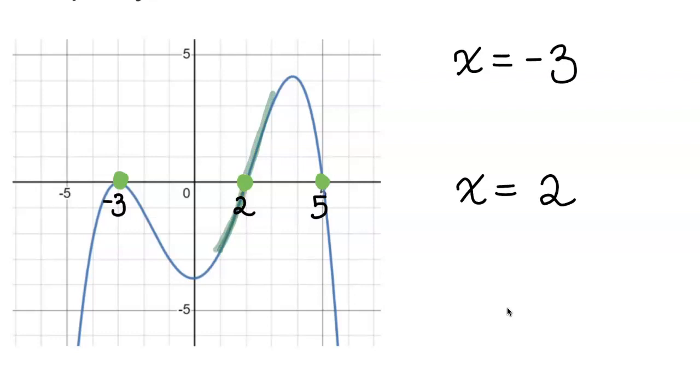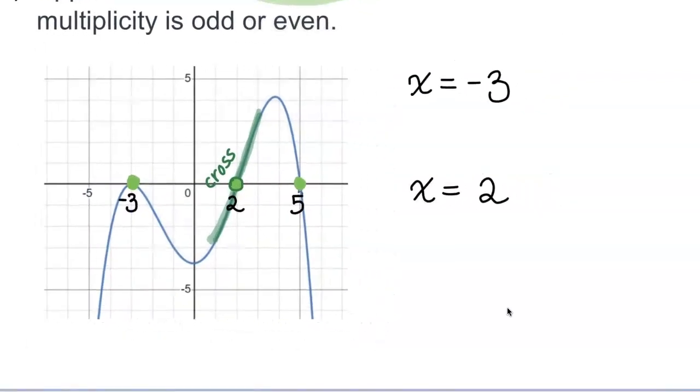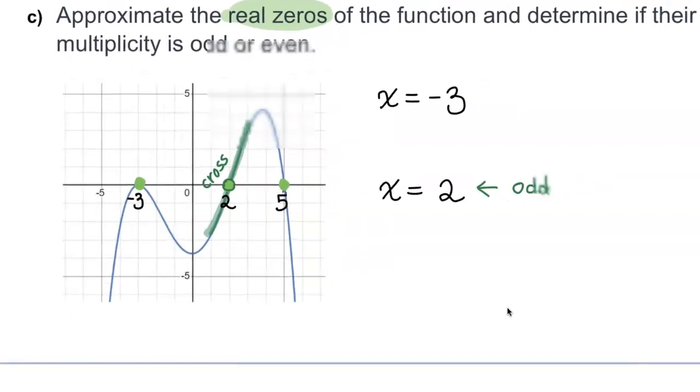So to the left of 2, the graph was below the x-axis. But to the right of 2, the graph is above the x-axis. So anytime the graph crosses at that particular x-intercept, what we know is that this 0 will have odd multiplicity. So I'll say odd multiplicity.